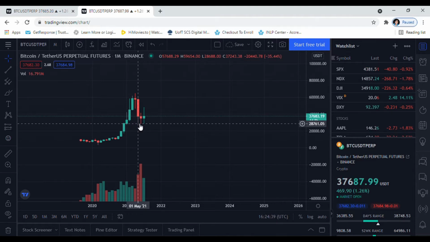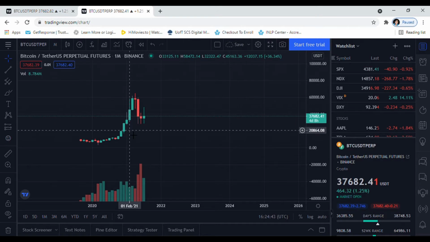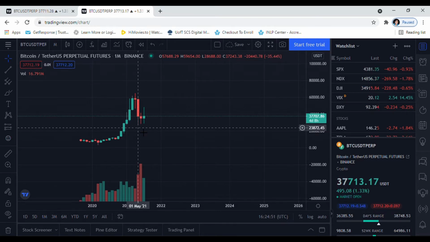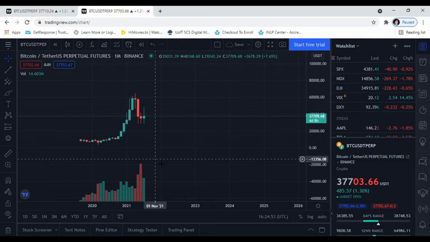Now, what determines whether a candle closes as blue or green, and whether it closes as red? What determines that? Well, let me explain it to you.